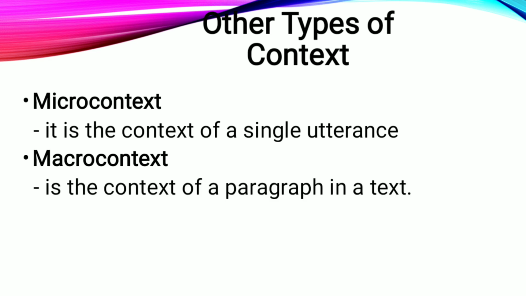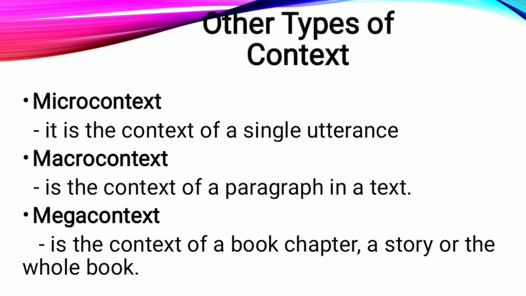Another one is the macro context. Macro context is the context of a paragraph in a text. It is about the environment of the text. And the last one is the mega context, which refers to the context of a book, a chapter, a story, or the whole book itself.